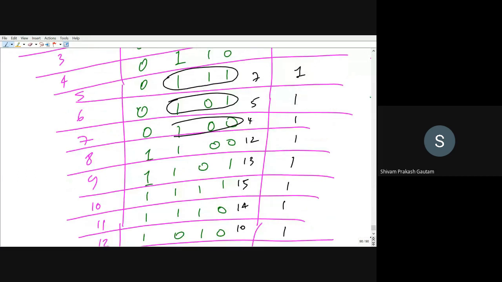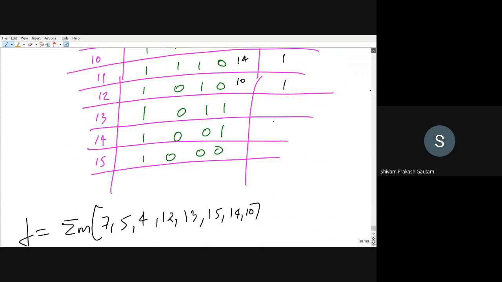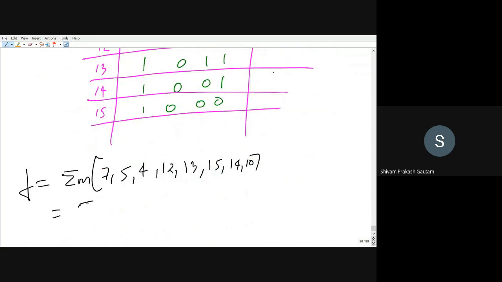So 5, 7, 4, 12, 13, 15, 14, and 10. Just check it. Now you can rearrange it so that there will be no confusion. So the minterms we are getting are 4, 5, 7, 10, 12, 13, 14, and 15. There are no don't cares.